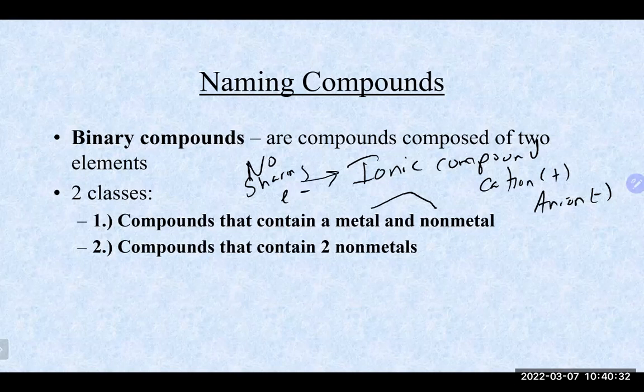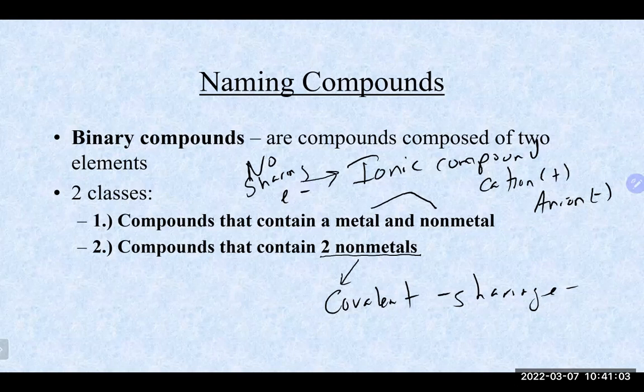The other type of naming we're really going to focus in on as well is when we do get covalent bonding happening with molecular compounds. And that's when we have two nonmetals together, where we do have sharing of electrons. And as we talked about in bonding, this results because they are all nonmetals, which means they have very similar periodic trends, which means neither one of them wants to give away their electrons. So they do want to end up sharing electrons.